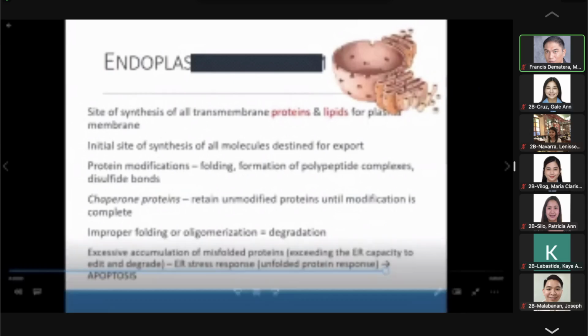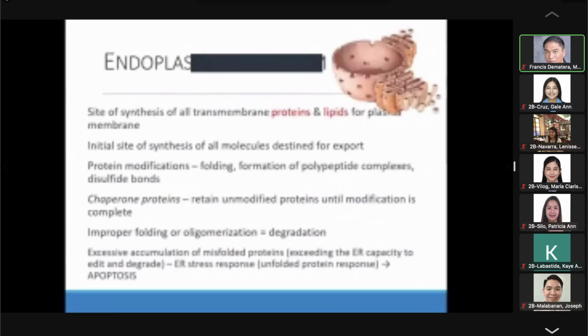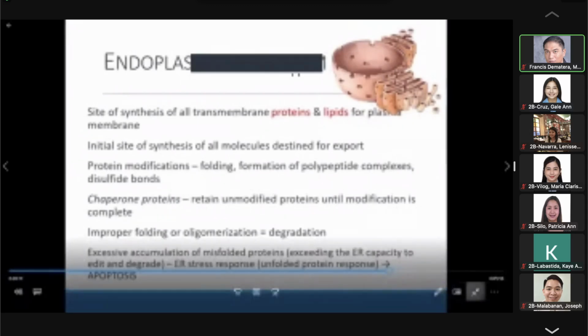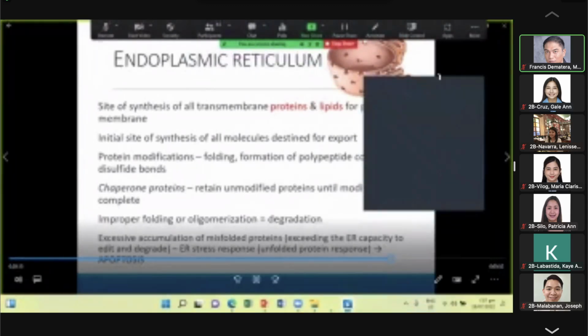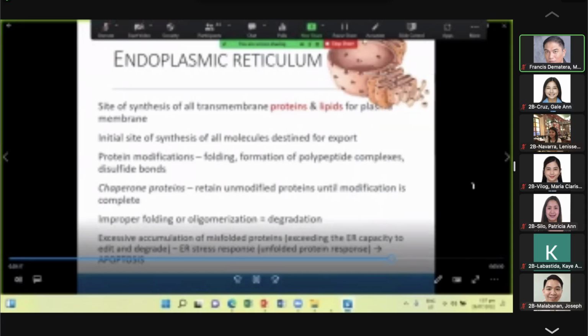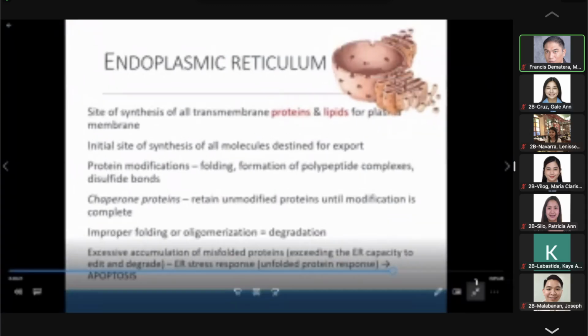It is the site of synthesis of all transmembrane proteins and lipids for the plasma membrane. It is the initial site of synthesis of all molecules destined for export. Protein modifications occur here, where folding and formation of polypeptide complexes and disulfide bonds are done.